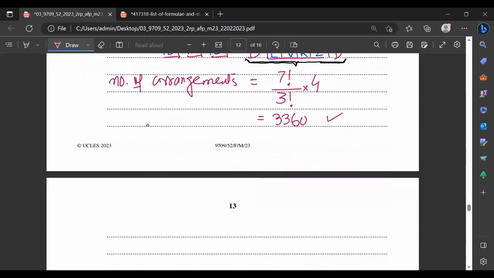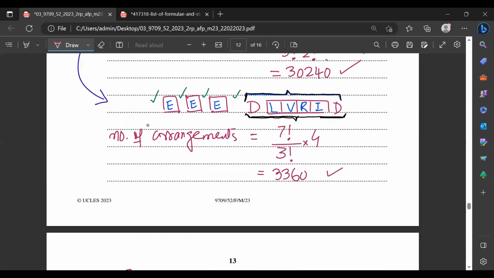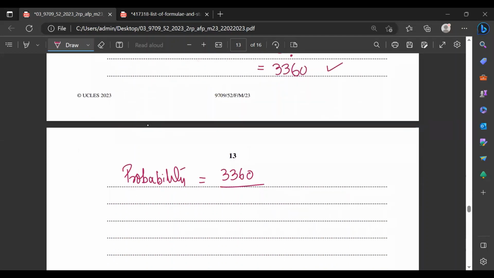So the required probability is the number of favorable outcomes, 3360, over the total number of outcomes, 30240.